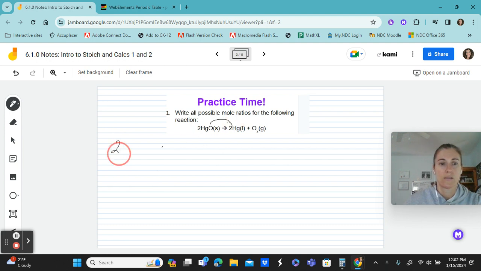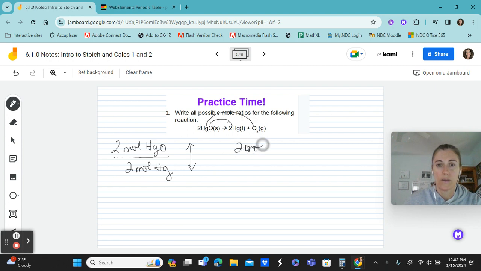So 2 moles of mercury oxide over 2 moles of mercury, and of course we can flip that. So you can have 2 moles of Hg on top and 2 moles of HgO on the bottom. Another one, we can compare HgO and oxygen: 2 moles of HgO over 1 mole of oxygen, or we can flip that.